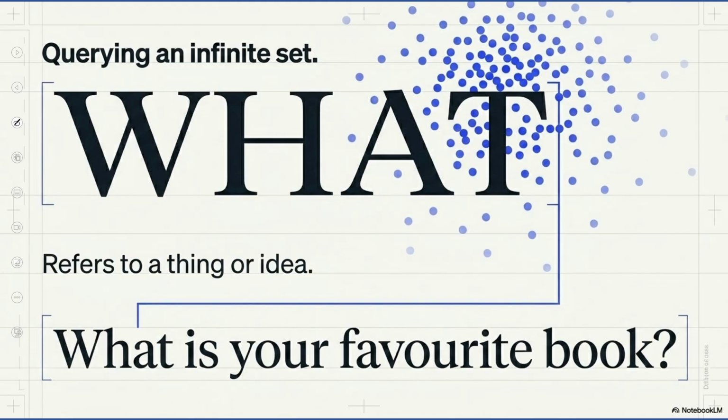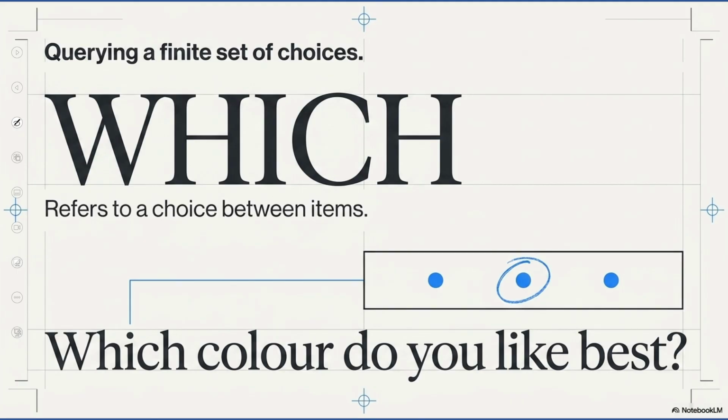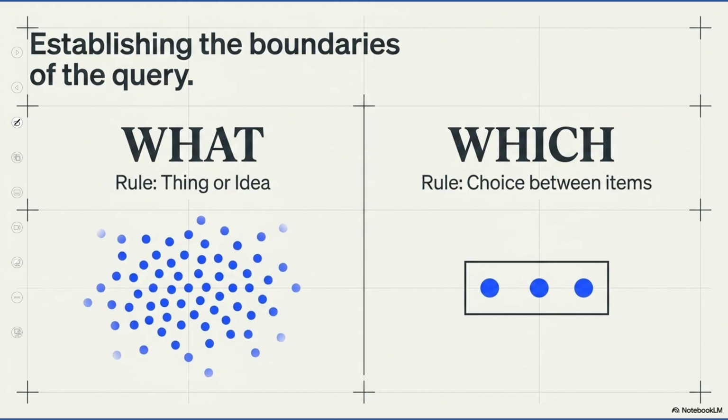I've told you what is used for things or an idea. For example, what is your favorite book? And which is chosen if you have a choice. Got it? If you have a lot of options, then you have to choose the word which. For example, which color do you like the best? So I've told you for things or ideas, you have to choose the WH interrogative pronoun what.